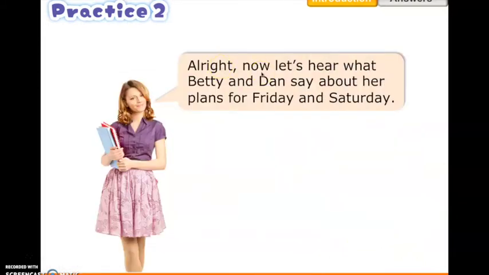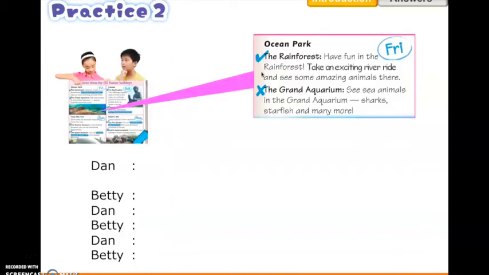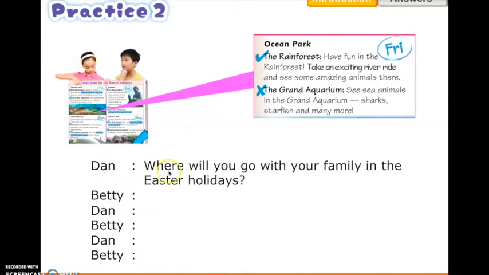Alright, let's hear what Betty and Dan say about her plans for Friday and Saturday. So this is Dan and this is Betty. Dan asks, where will you go with your family in the Easter holidays? That's where Dan starts the conversation. And then Betty will say, on Friday, we'll go to Ocean Park. 'll is a short form for we will.